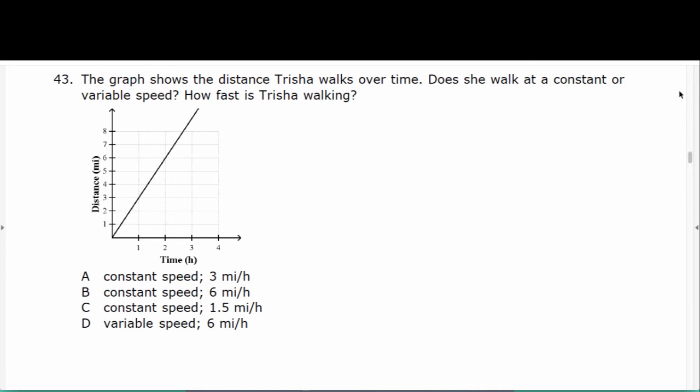A. Constant speed, 3 miles over hours. B. Constant speed, 6 miles over hours. C. Constant speed, 1.5 miles over hour. D. Variable speed, 6 miles over hour.